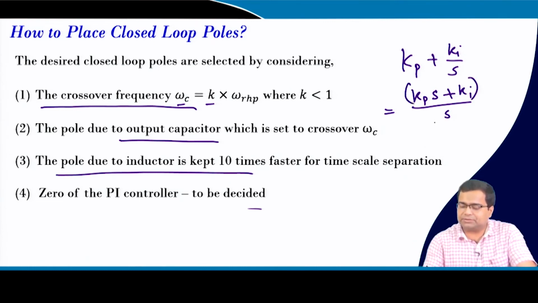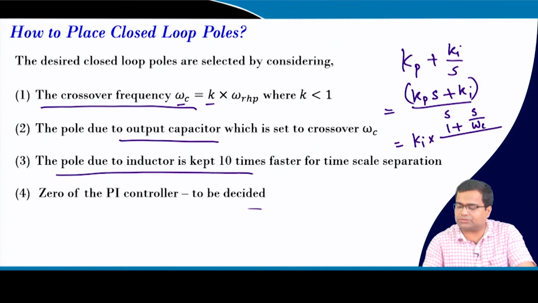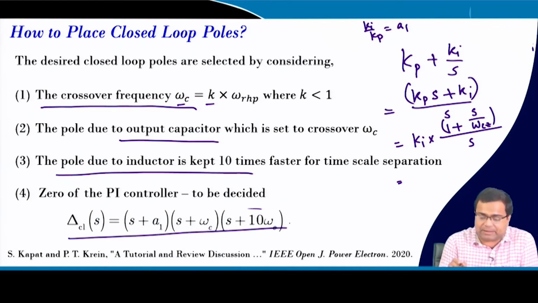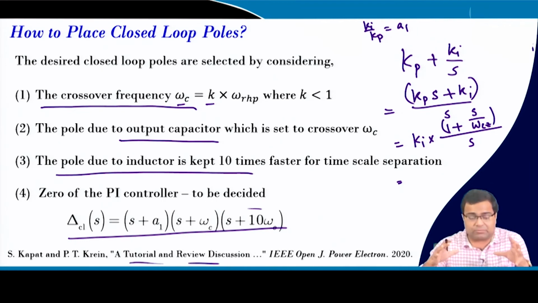That means you can write, if you take Ki common, 1 plus S by controller zero, by S. So, this approach was discussed because in this paper, which is the reference paper we are using for almost the maximum part of this course.